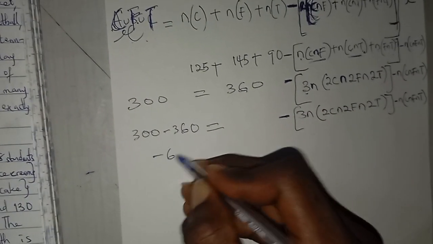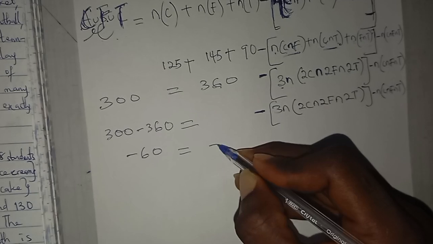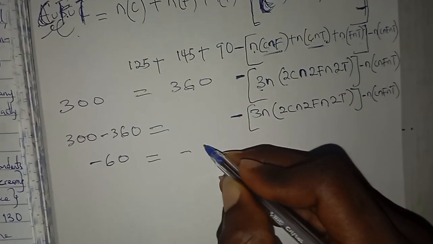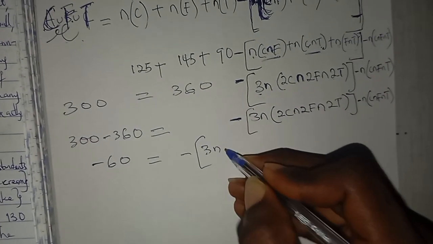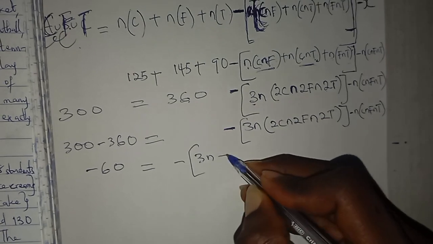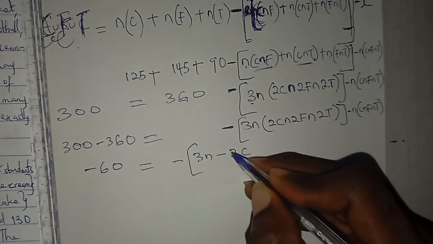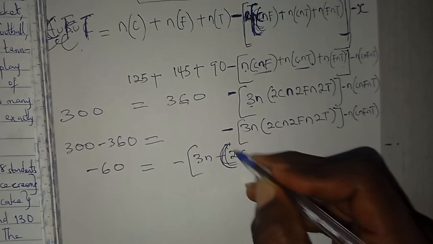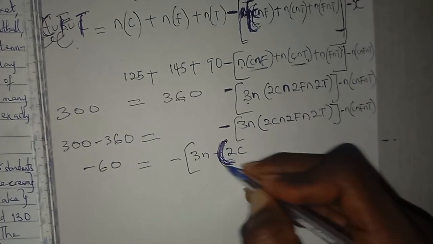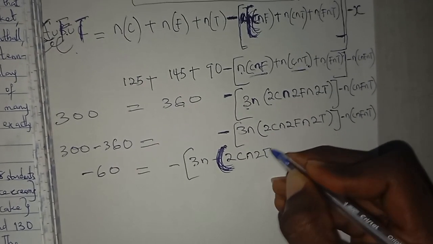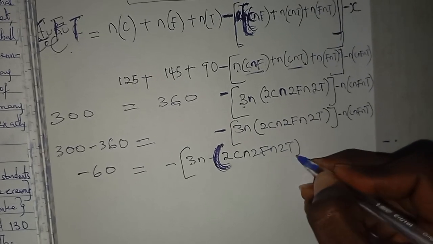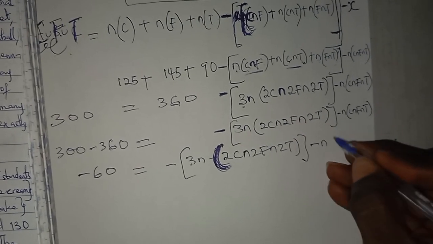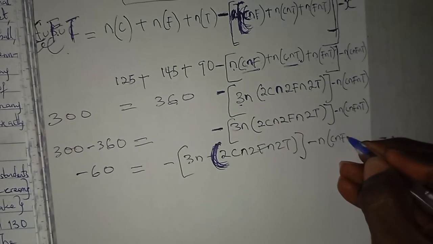This is going to be minus 60 equals to minus 3n, minus 2c, 3n, where are you seeing minus? Minus n c n f n t.